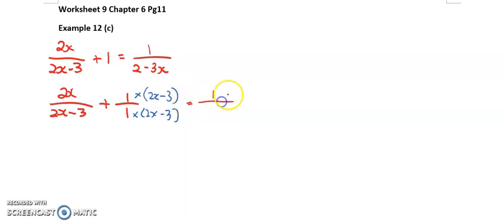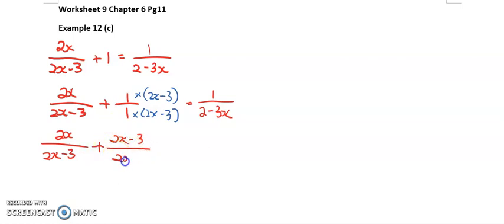Okay, and the fraction on the right hand side of this equation remains the same. So now, in the next step, what we will get. Alright, so we can now work out the addition between these, 2x over 2x minus 3 plus 1.